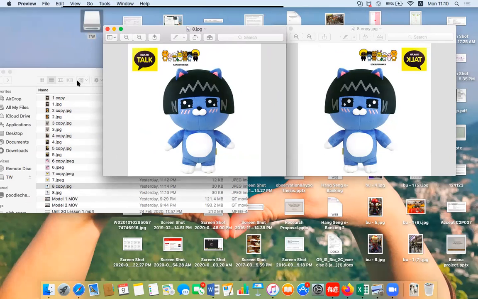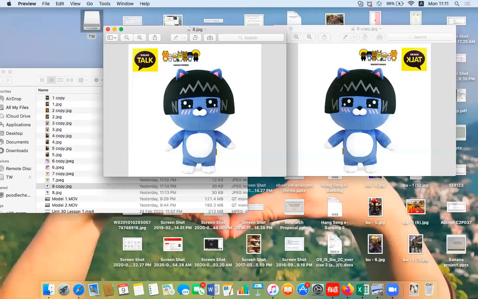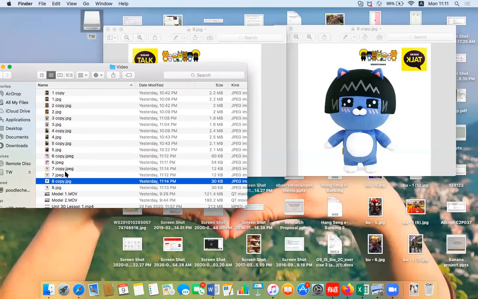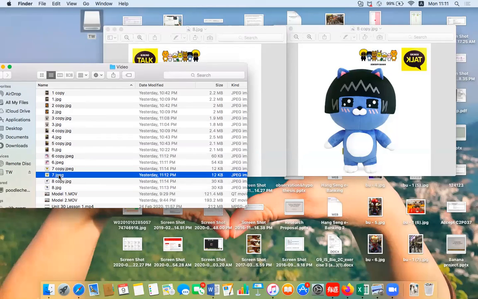You can see, ignore the background, but if you just look at the figure itself, when you take the mirror image, it's exactly the same as the previous one. So we can put it on top of the original one. All the positions of the details, like the nose, the eyes, the ears, are going to match with the previous one. So we say it's superposable.